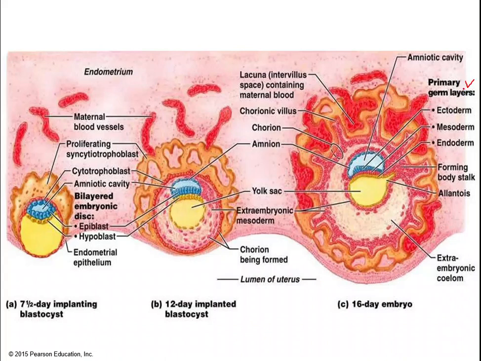And this occurs in a process called gastrulation. So all I'm saying here is the two-layered embryonic disc that we talked about will reorganize and form 3 embryonic germ layers. And that process is what we call gastrulation. Make sure you remember that.